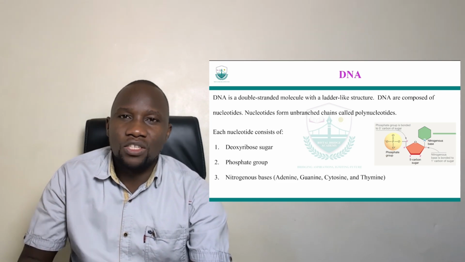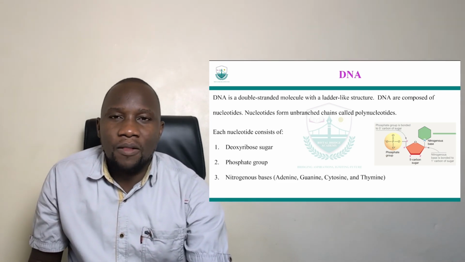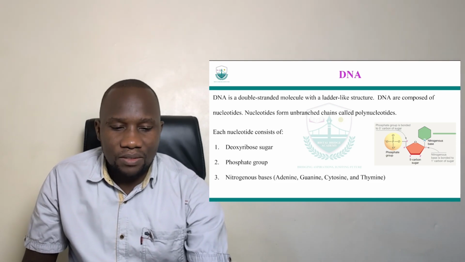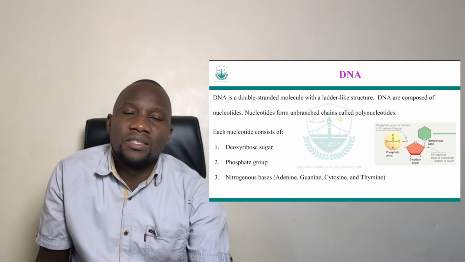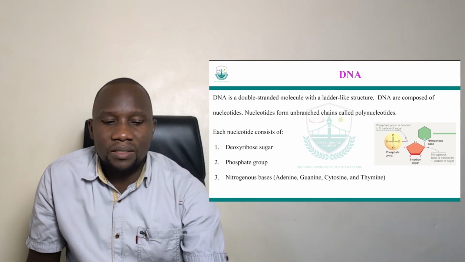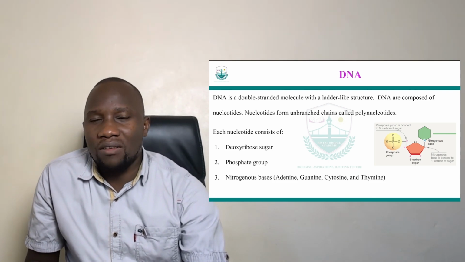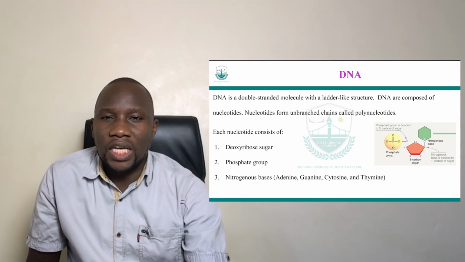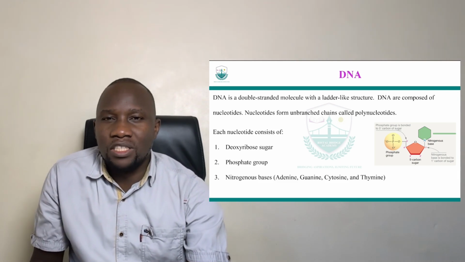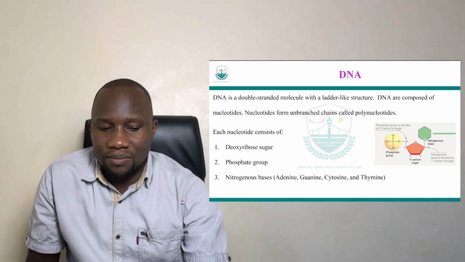They are the ones that are used to build the nucleic acids. What happens is that you have repeating units of nucleotides, such that you have what you call a polynucleotide, which is basically a long chain, which is unbranched.